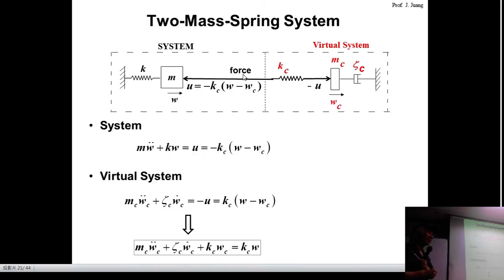Understand? Any questions? Computer integration is easy, right? It's not difficult. You're talking about milliseconds. Integration by a computer is very, very easy. It's not difficult at all.